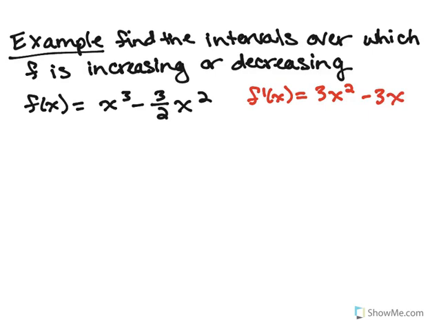Now, I don't have a denominator here, so we don't have to worry about critical numbers coming from when it's undefined. We only have to worry about when it's equal to 0. So we're going to say 0 equals, well, if I'm going to solve for the x's, I need to factor out the greatest common factor here, which would be 3x, leaving me with x minus 1. So our critical numbers are 0 and 1.